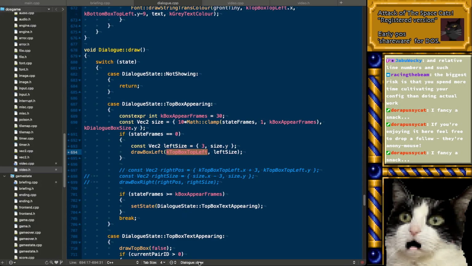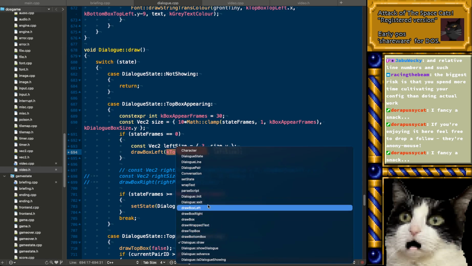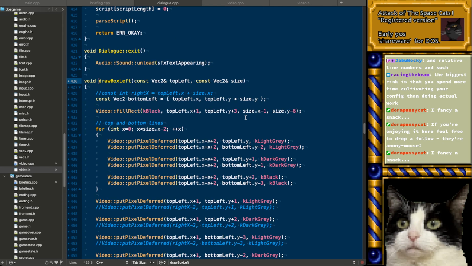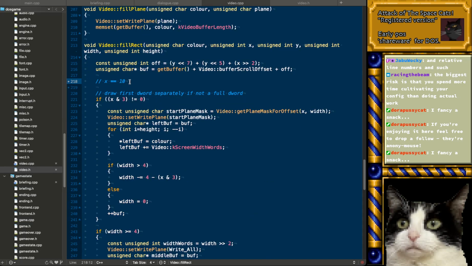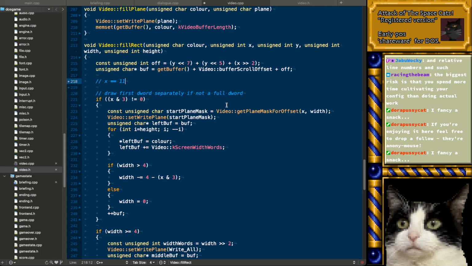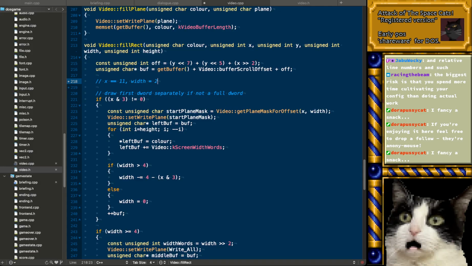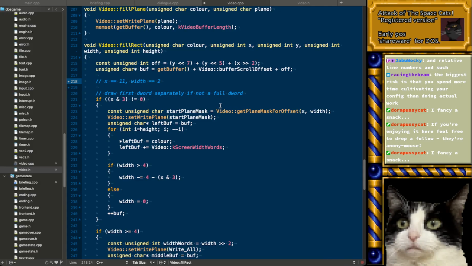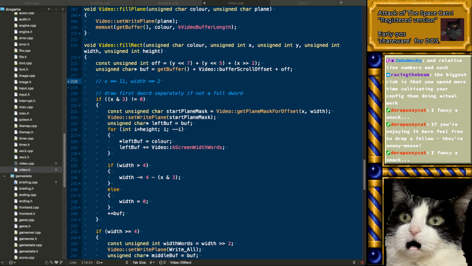Passing that in, okay, and then we go to draw box left. It's not 10, it's 11. That is 11. And size x is 3 minus 1, which is 2. That's definitely right. Okay, so 11 and 3 is 3. Should have really known that, but yeah.